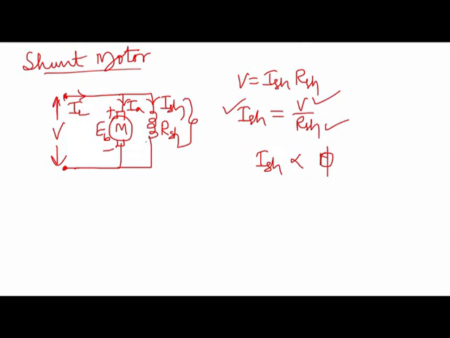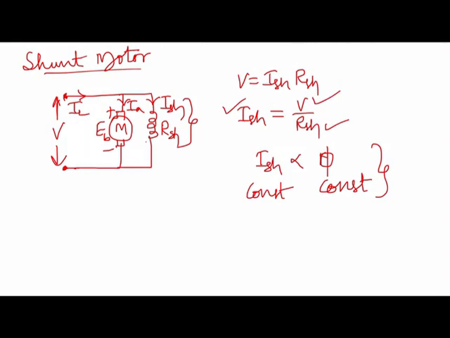If ISH decreases, flux produced decreases. Since in a shunt motor ISH remains constant, the flux also remains constant in the DC shunt motor. With this understanding, we will move on to the different characteristics of the DC shunt motor.